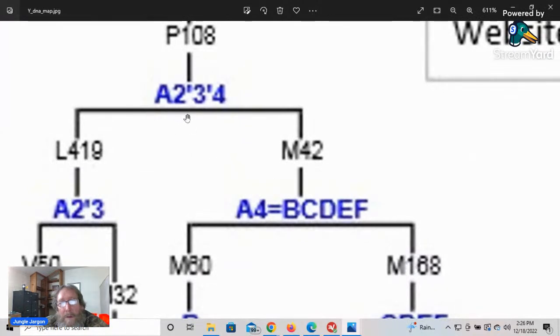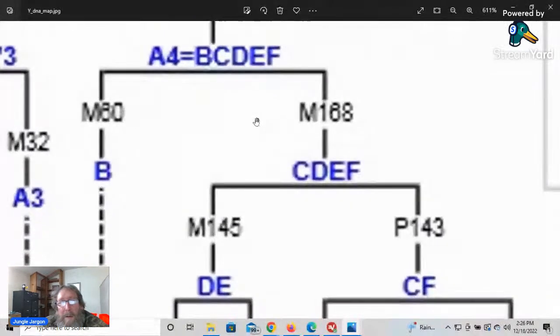These are markers being lost to people going right to left, going from this side to this other side. So these markers are not being gained. These single nucleotide polymorphisms are not being gained. They're being lost to these populations over here.